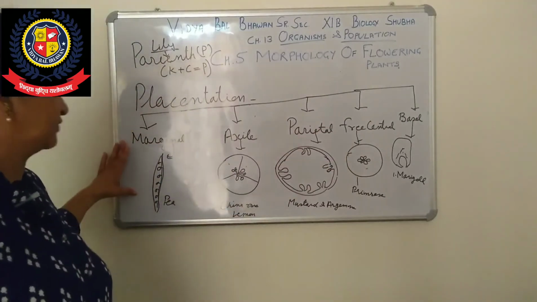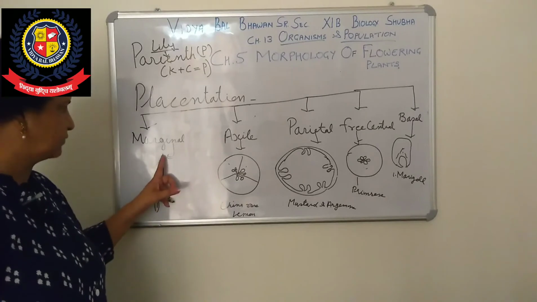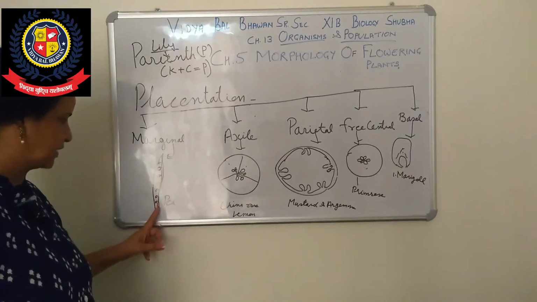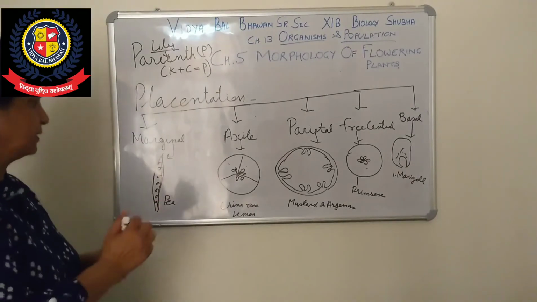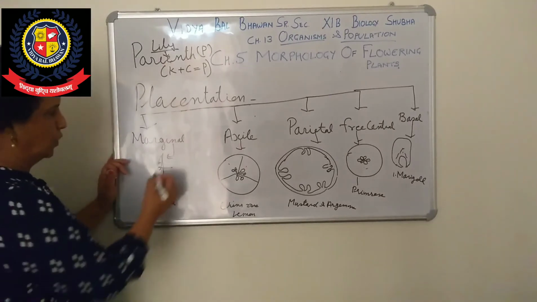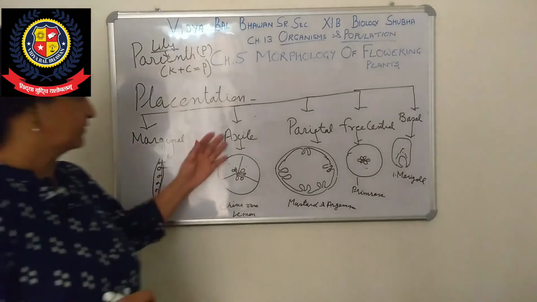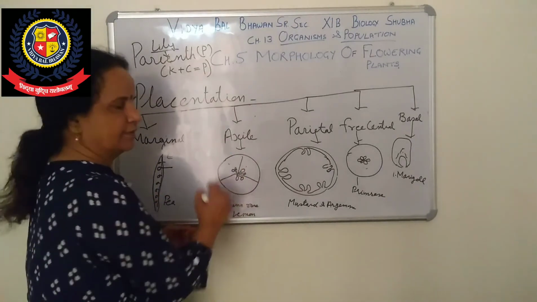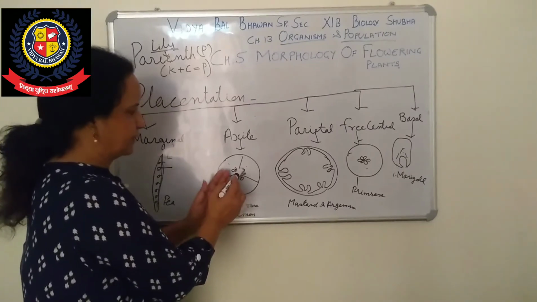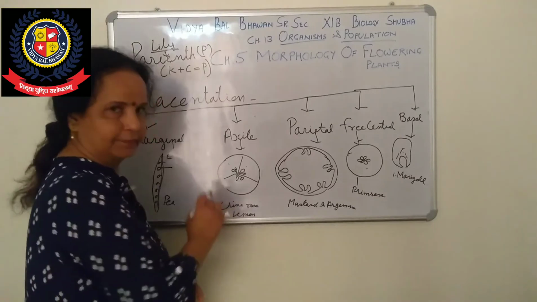In marginal, the ovules are attached to the placenta, a double ridge. In axile, the ovary is multilocular and the ovules are attached at the center, as in China rose and lemon.